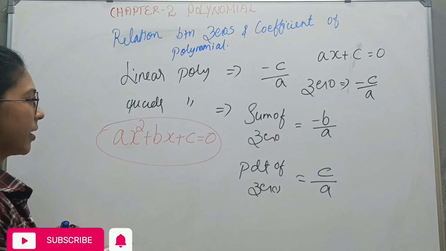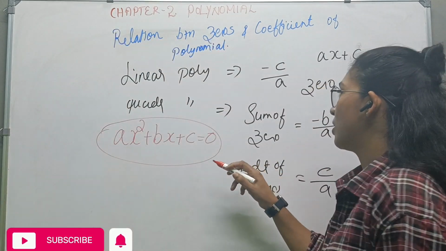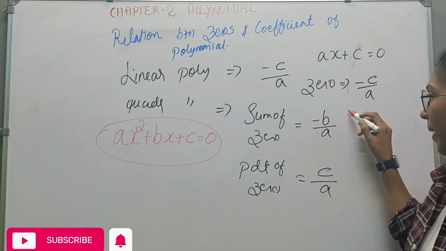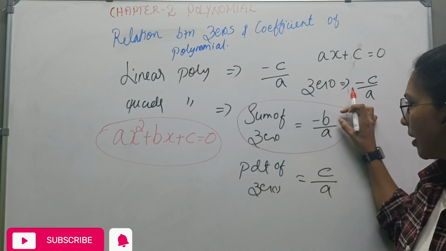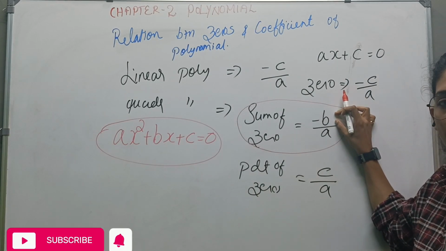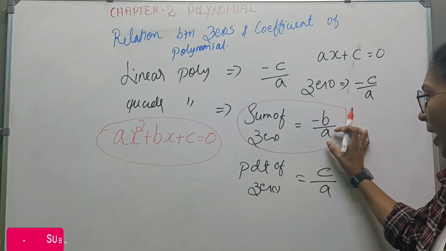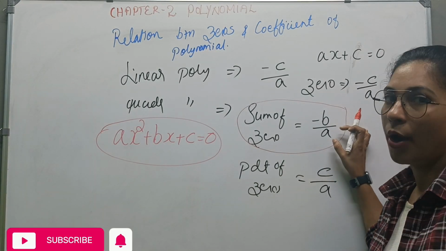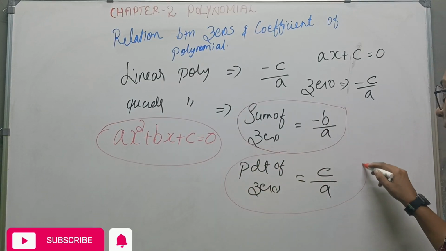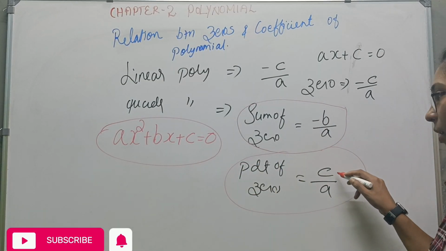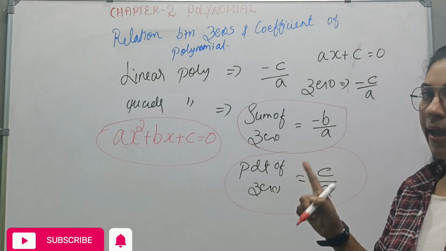The sum of zeros of a quadratic polynomial is minus b by a. Minus b means minus the coefficient of x, divided by a, the coefficient of x square. Then the product of zeros is c upon a. c is the constant term of the polynomial, divided by a, the coefficient of x square.